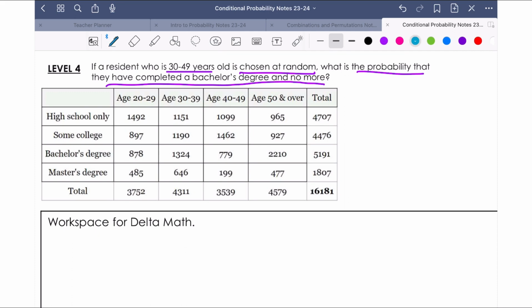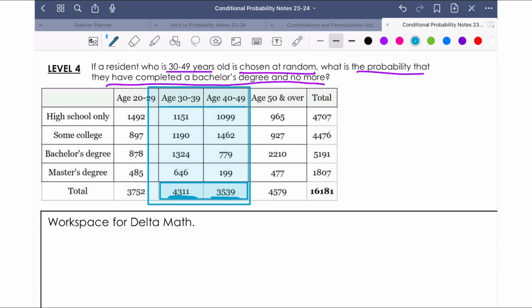And so actually 30 to 49 is 2 columns. It's these two. And so I think this is why this is a level 4. We have 2 columns to look at. All right, so these are our totals. So we're going to have to add those later. These 2. Okay. If they're 30 to 49, okay, we have that already.